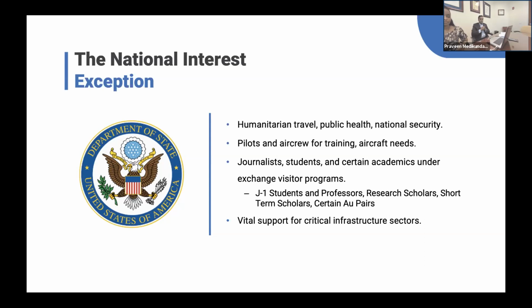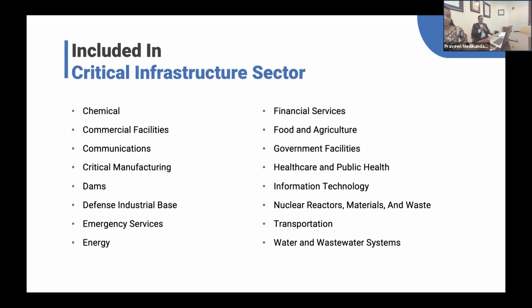So vital support of critical infrastructure sectors, again, in the notification, they have actually given several sectors, several corporations or several industries which fall under this infrastructure. There's chemical, commercial facilities, communications, healthcare and public health, information technology, and several things that I have put in the slide.